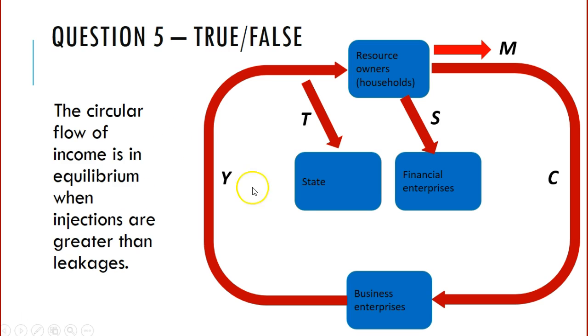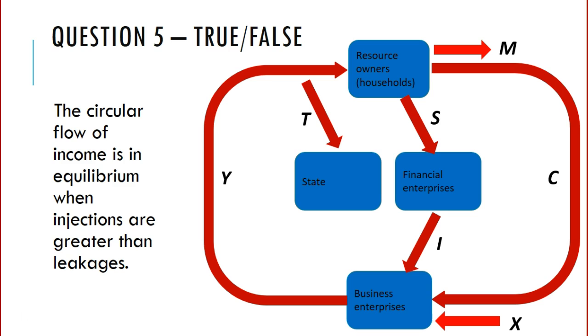So businesses will receive revenue in the form of consumption expenditure, but that's not the only source for them. They'll also receive revenue from exports for the goods and services they produce and sell overseas. Also, they will borrow money from financial enterprises in order to purchase capital goods from other businesses.